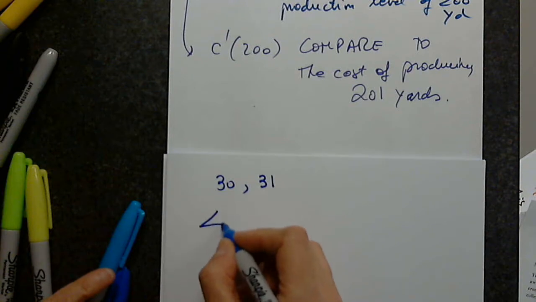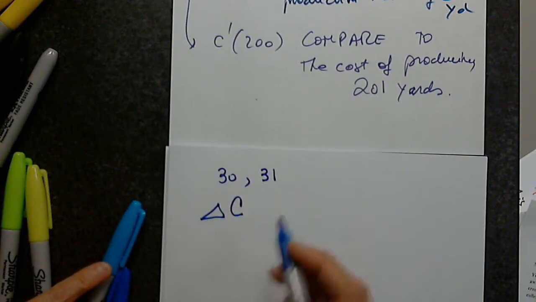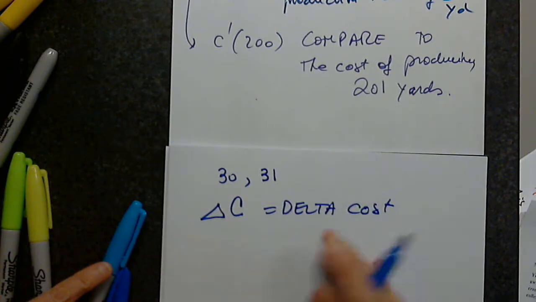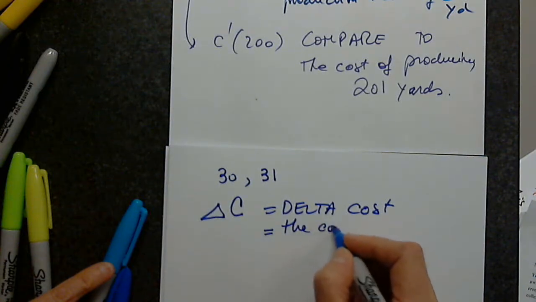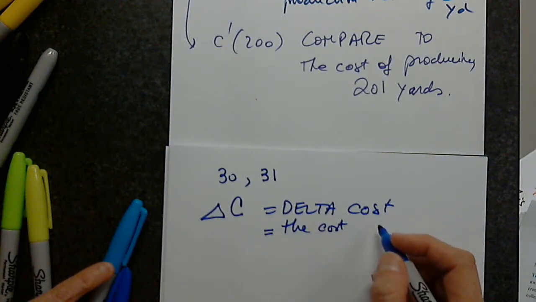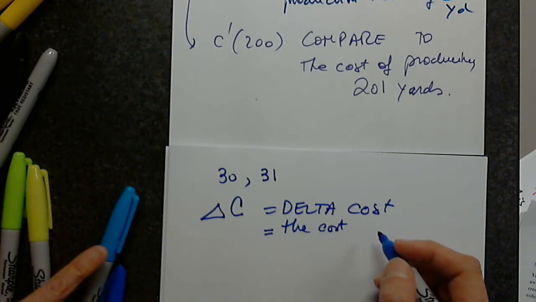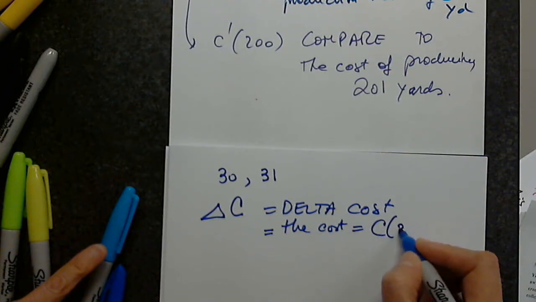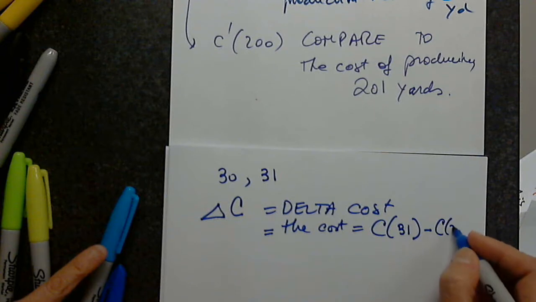So the difference, which is called delta C, delta cost, which is the cost of producing the 31st item, which is C of 31 minus C of 30.